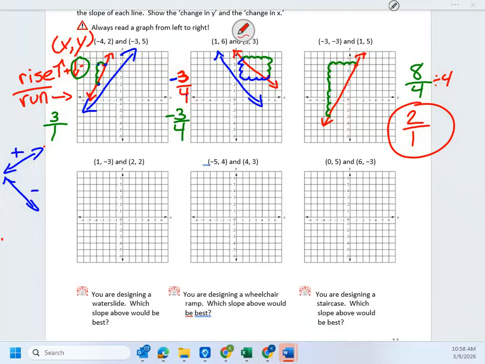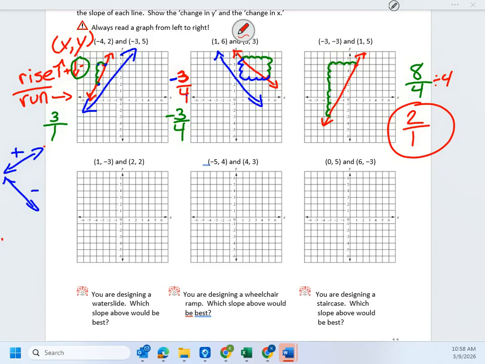You're gonna do the bottom three on your own, and we will check them tomorrow. And then answer the questions. You are designing a water slide. Which slope above, so you're gonna have 5 slopes, which one do you think would work best for a water slide? So think about a slide, what it should look like with that line being the slide.